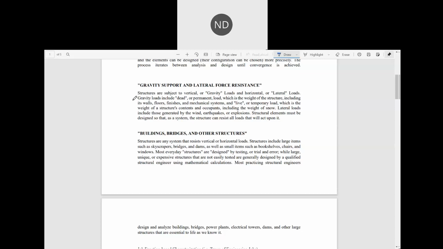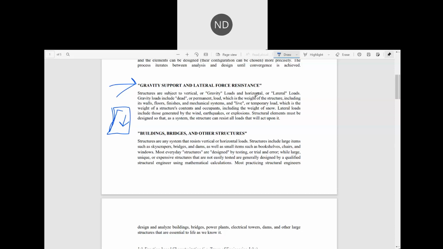In short, your structure is going to have lateral loads, that means horizontal loads, and it will have its dead load, which is your gravity load. Then you will have lateral loads such as wind forces and earthquake forces.